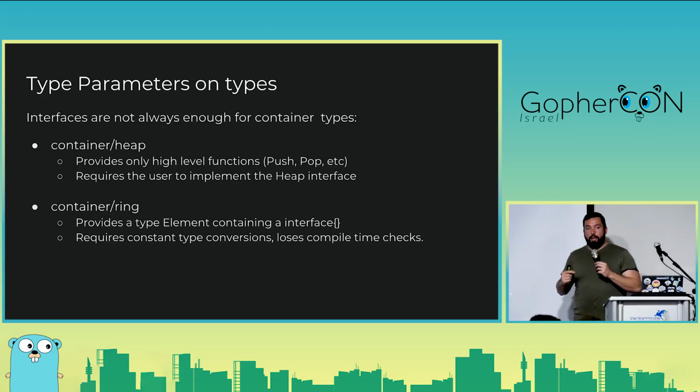This would allow you to fix a couple of problems. Interfaces are not always the best solution for container types, right? If you think about heap, how many of you have used the heap package in the standard library? Okay, I have, and every single time I get it wrong. Because the way it's supposed to be is you append into the beginning, and I always do it to the end, and then I have bugs, and it takes me hours to figure out why.